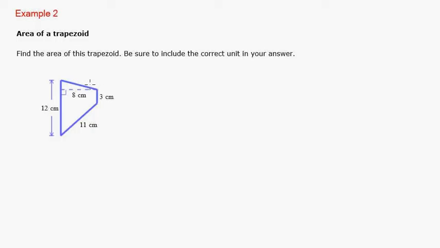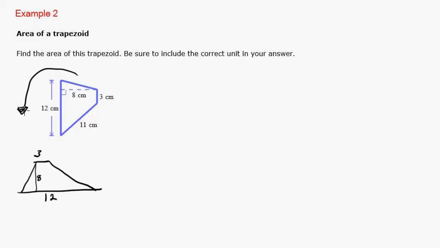If you rotated it back this way, it would look something like that. So this would be 3 and 12, and the height would be 8. Notice that this little distance here we don't need. You don't have to do that, but I'm just showing you what my brain does.